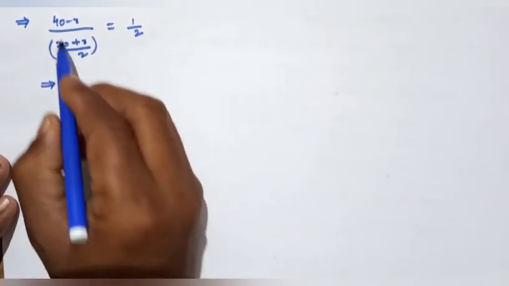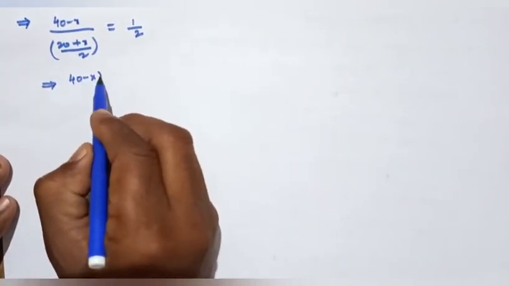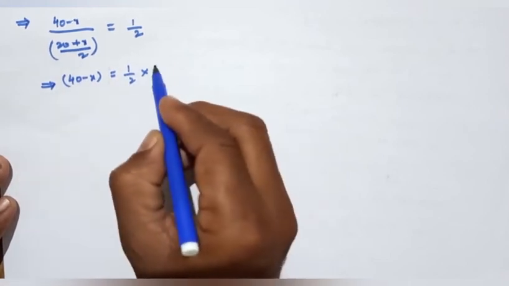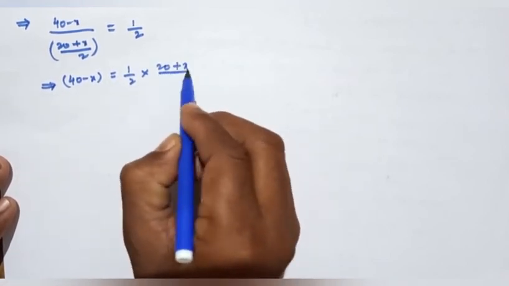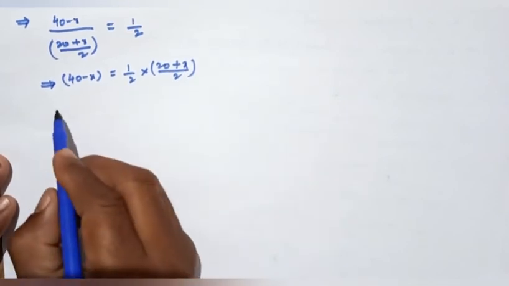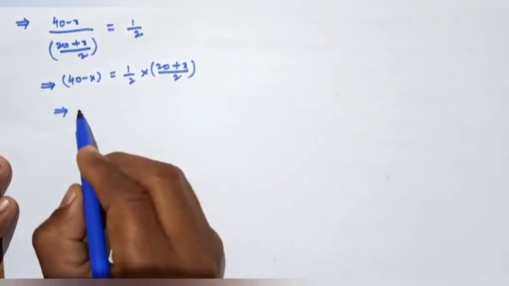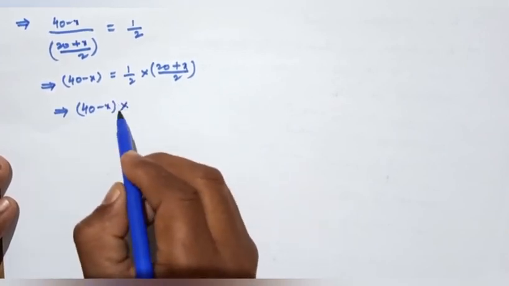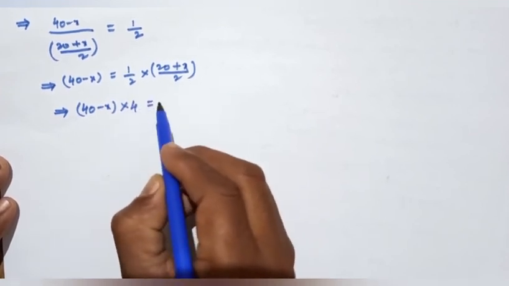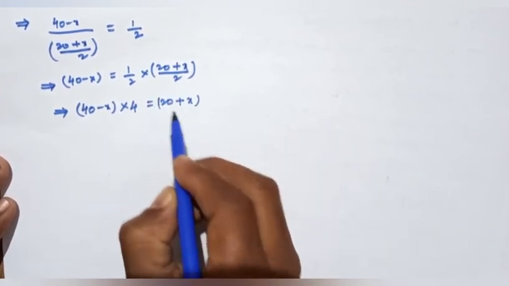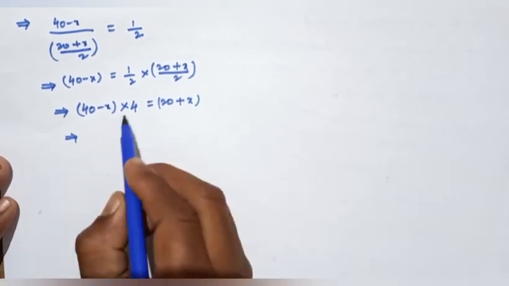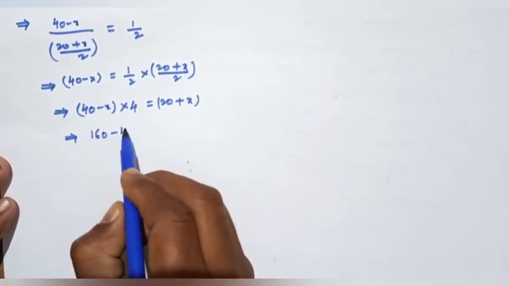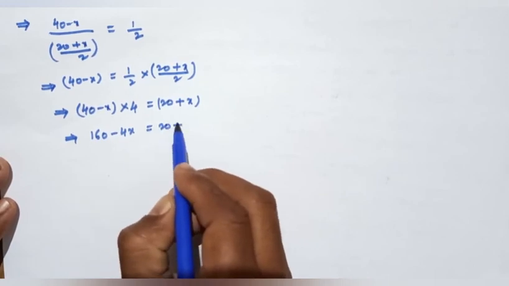So 40 minus X equals 1 by 2 into (20 plus X) by 2. Multiplying by 4, 4 into 40 equals 160 minus 4x equals 20 plus x.